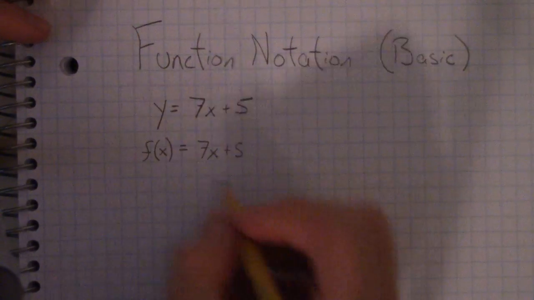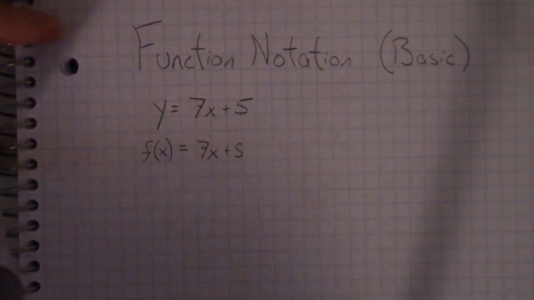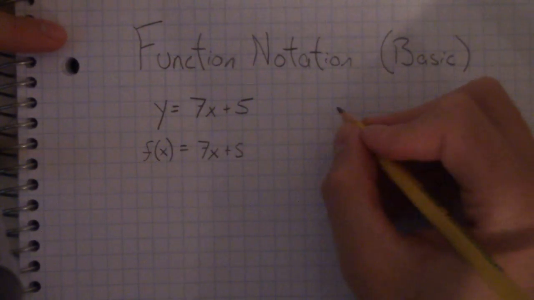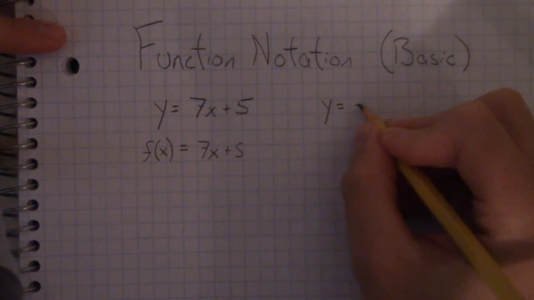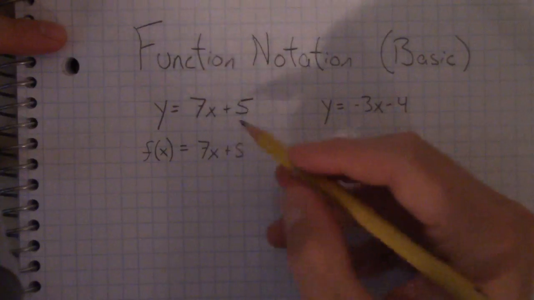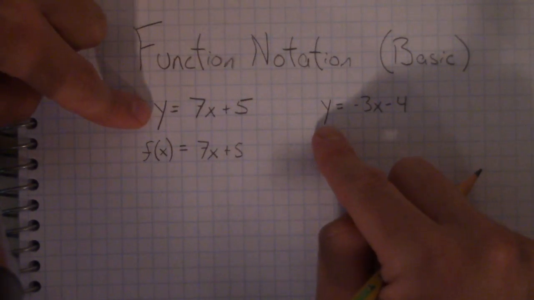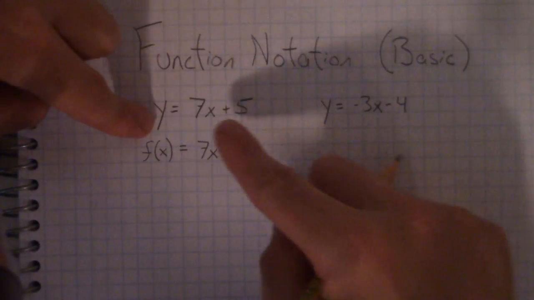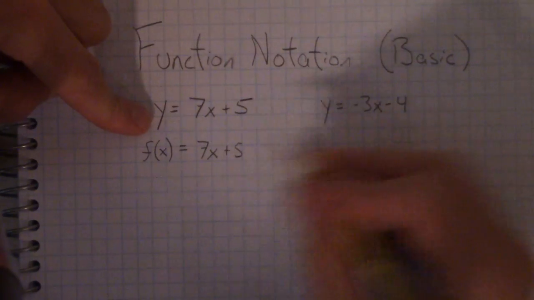And there's a couple reasons why this way of writing it is more helpful than this. I'll show you one way. Let's say there was another equation, y equals, let's say, negative 3x minus 4. It could be any equation here. So there's two that are y equals, right? Distinguishing between these two equations, if I said what's y equals down here, you wouldn't know which one I'm talking about.